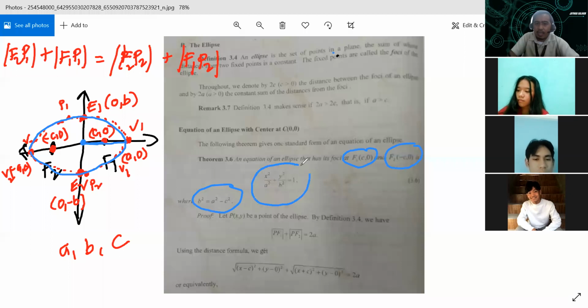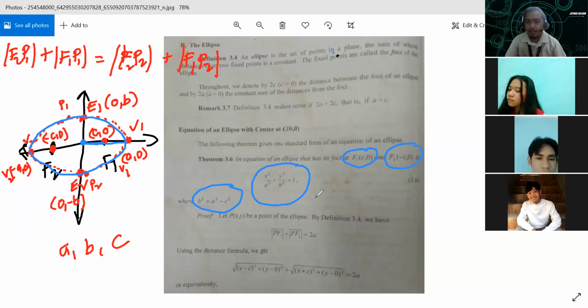This is the standard form of the equation of an ellipse wherein the major axis is the x-axis. Okay, that's it.